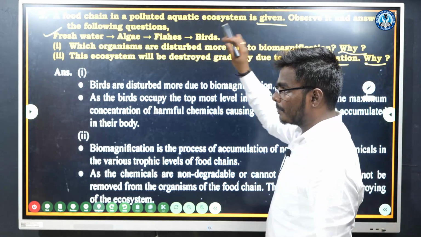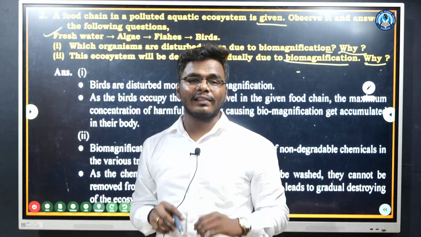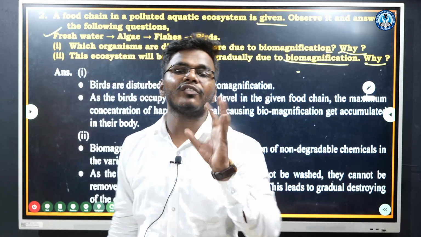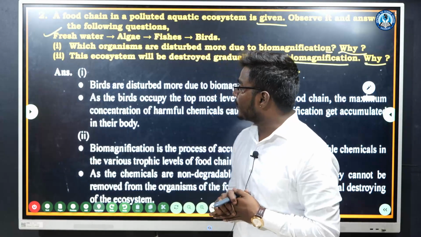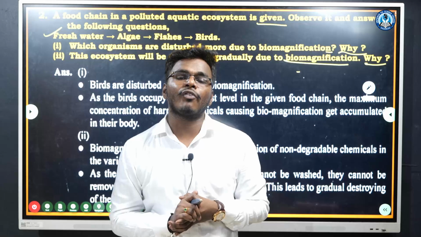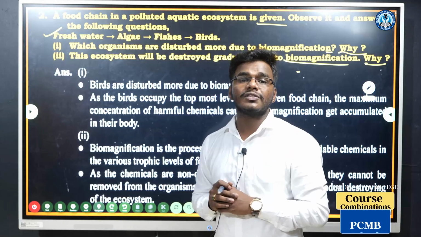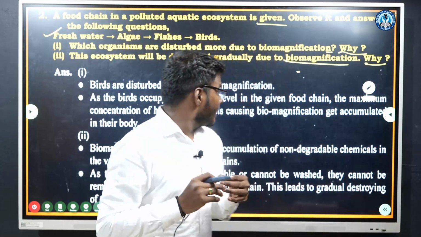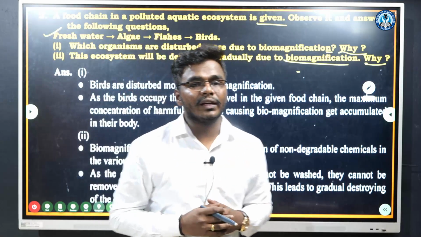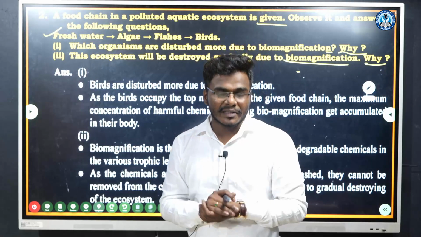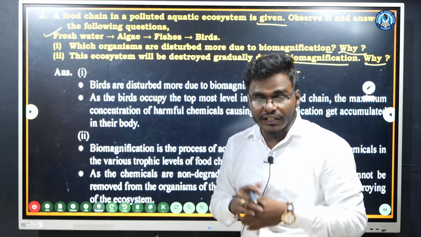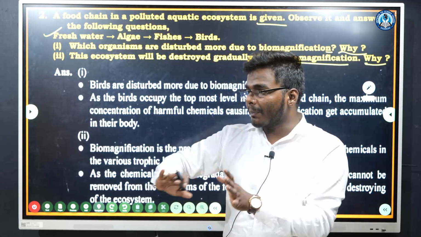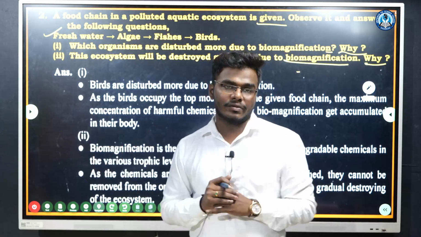Why? So before understanding the food chain, let me first explain what is meant by biomagnification. Due to the increasing population, most of our farmers, to increase the yield of agriculture, are using many chemical pesticides and chemical fertilizers in order to increase the growth of the plants and to keep away the pests and insects.